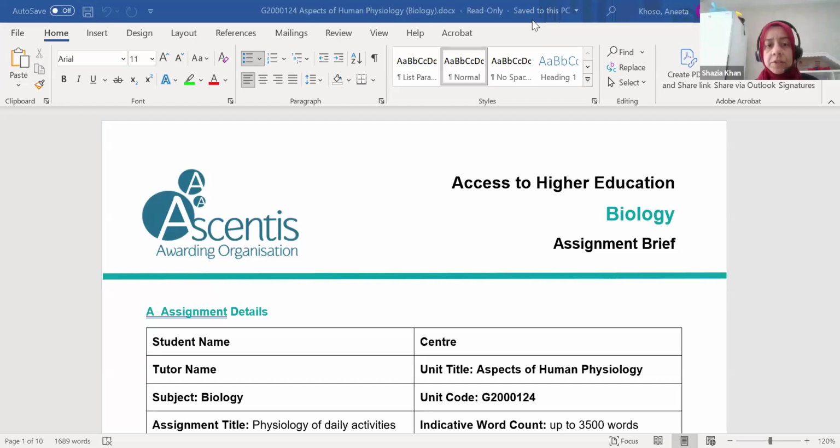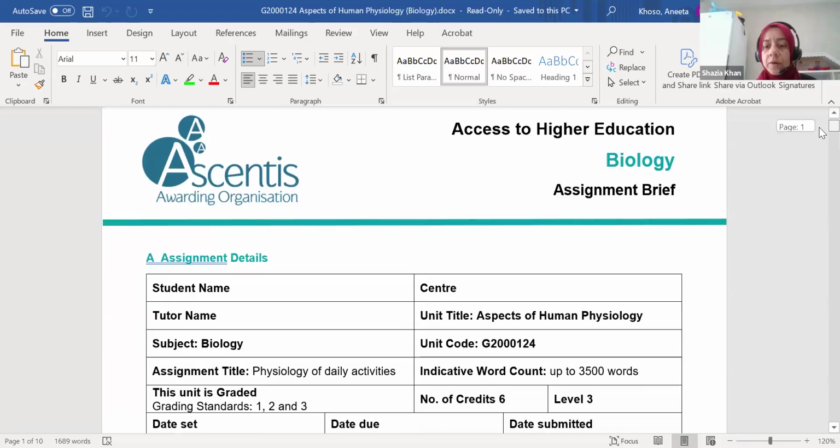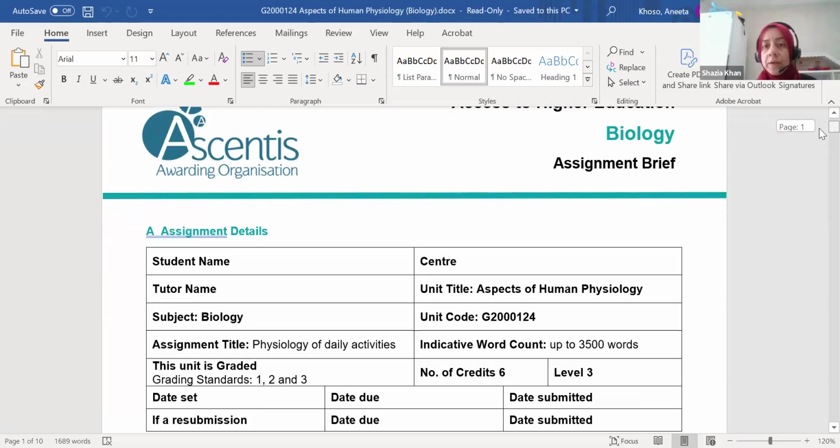Aspects of human physiology. If it's not there, you can always text or email learnerwork@ukversity.co.uk, and that is actually where you will be submitting your assessment. So I'll quickly share that link with you as well.